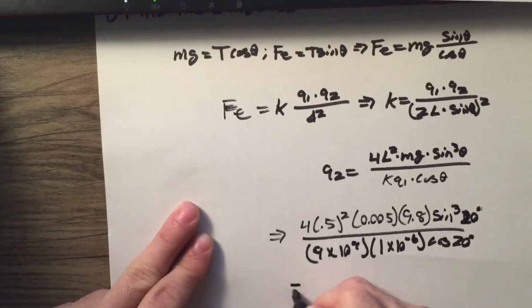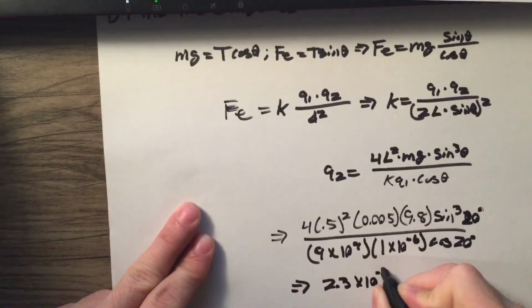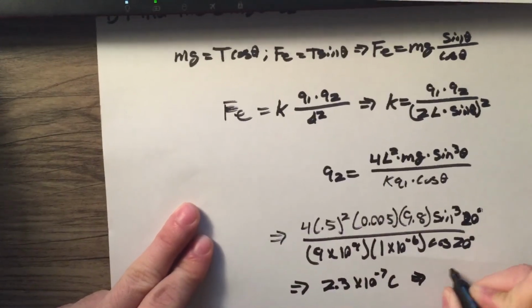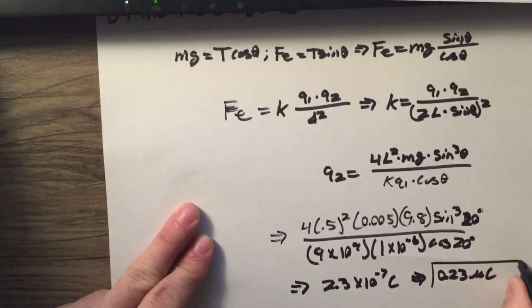And then solving for this, we will get 2.3 times 10 to the negative 7 coulombs, or 0.23 microcoulombs as your final answer.